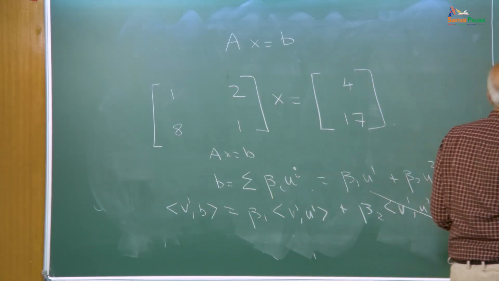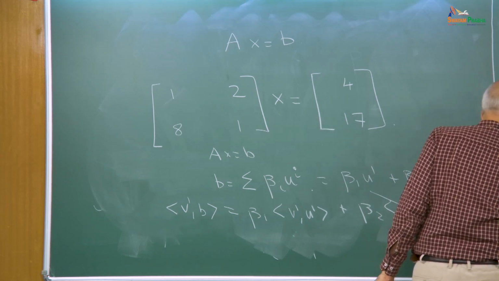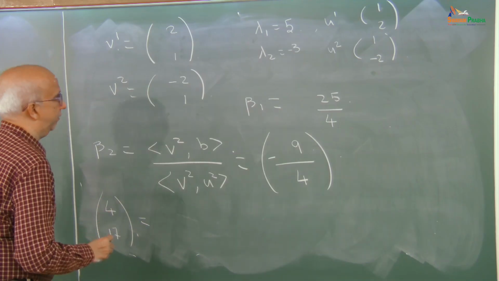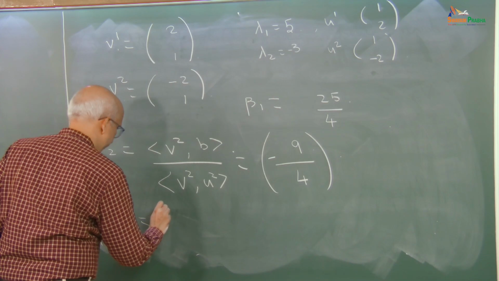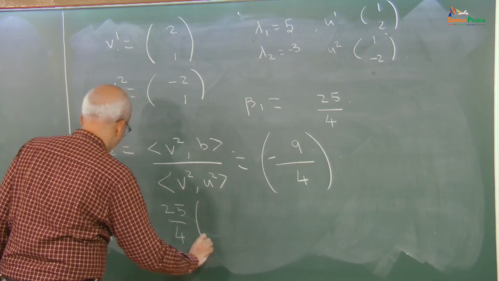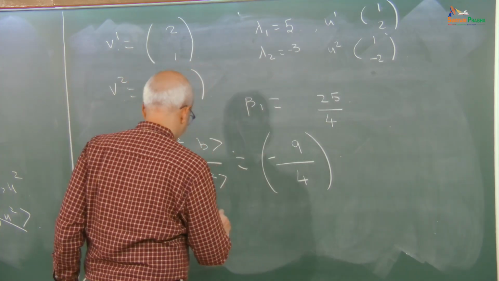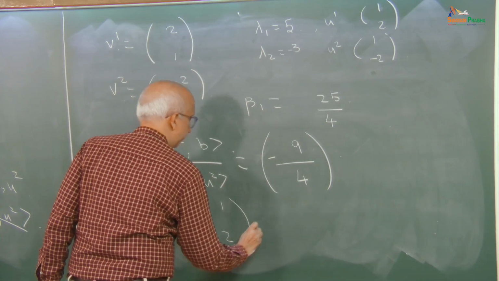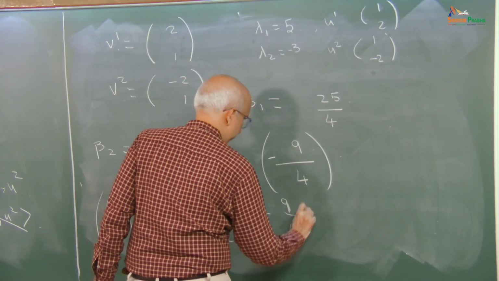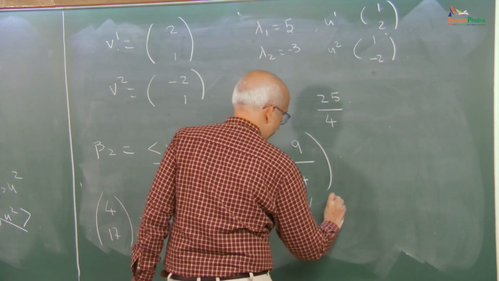You can verify what I have just done. B was 4, 17, right? And what did I find for beta 1? 25 by 4. What is U1? 1, 2, and this is minus 9 by 4. U2 is 1, minus 2.